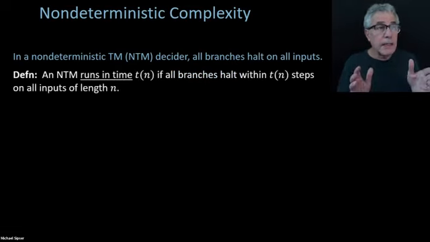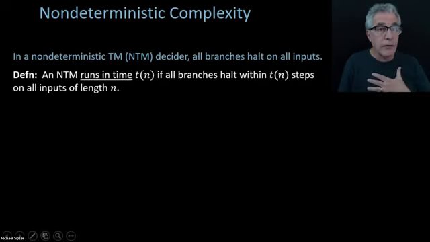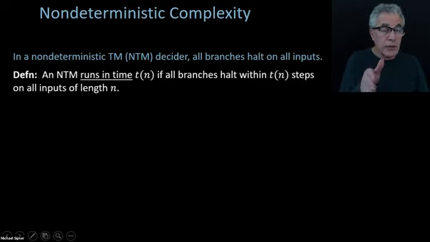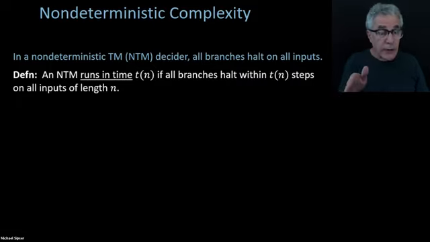So let's understand what we mean by the time used by a non-deterministic machine. What we mean by the time used is that we're looking at each individual branch separately. So a non-deterministic machine runs in a certain amount of time if all of the branches halt within that amount of time.